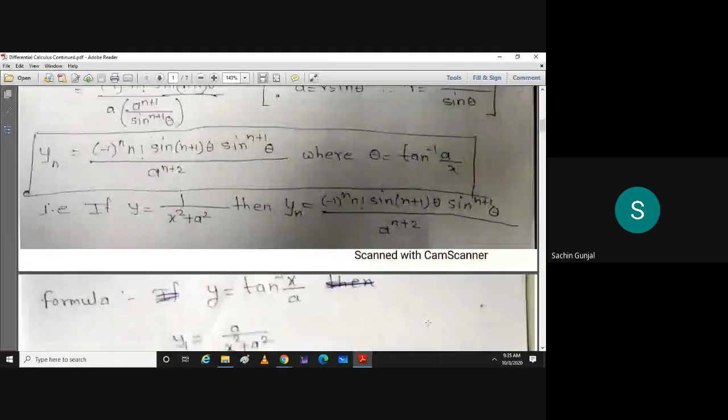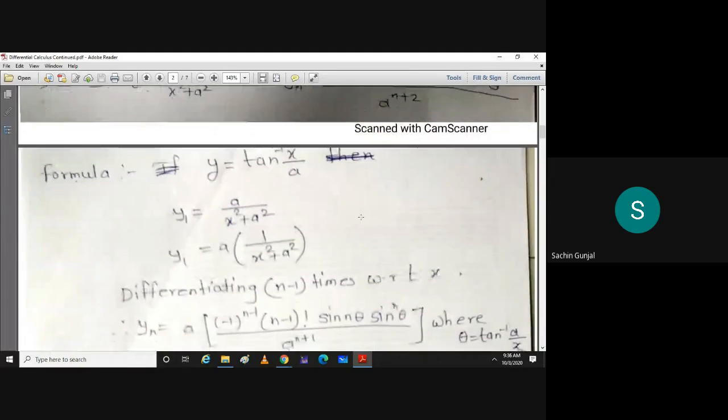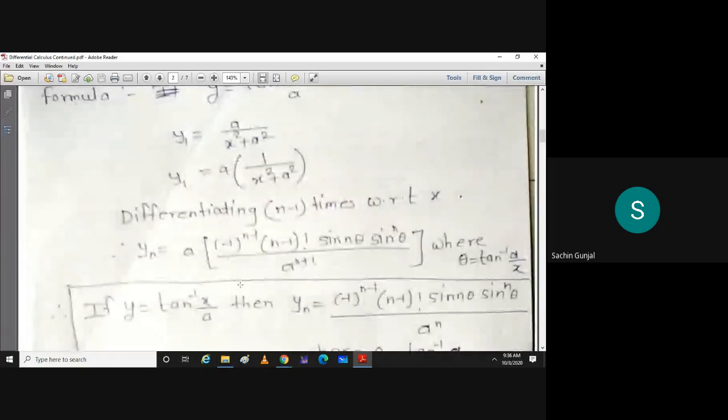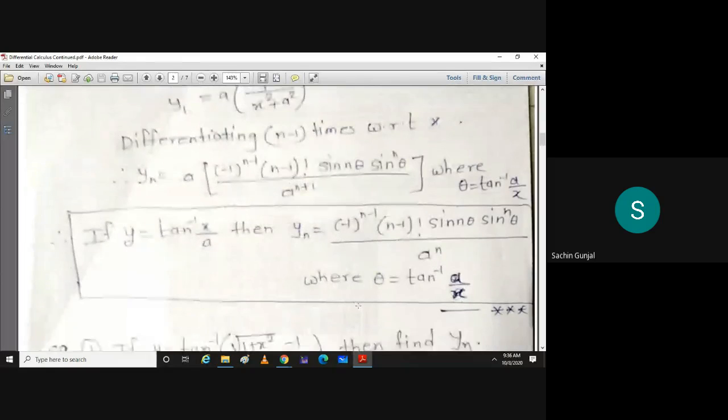Then we have seen that if the function is tan inverse x by a, then using the same formula you can derive the nth derivative as minus 1 raised to n minus 1, n minus 1 factorial, sine n theta, sine raised to n theta upon a raised to n, where theta is tan inverse a by x.